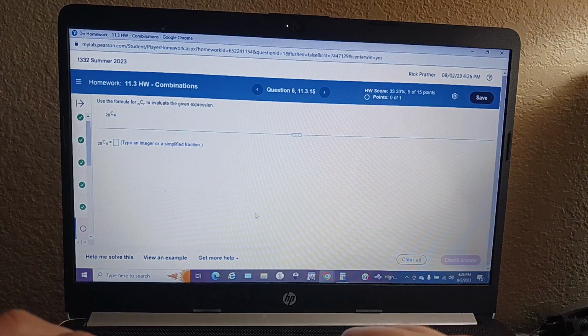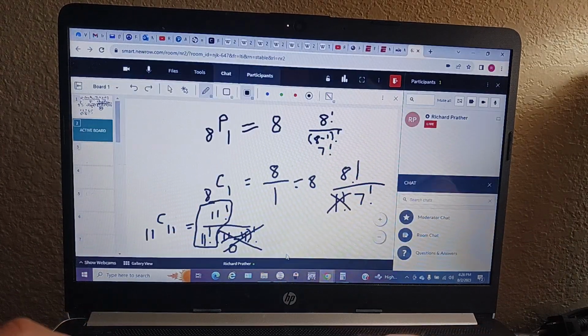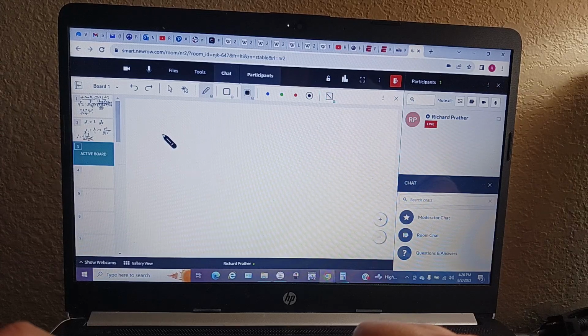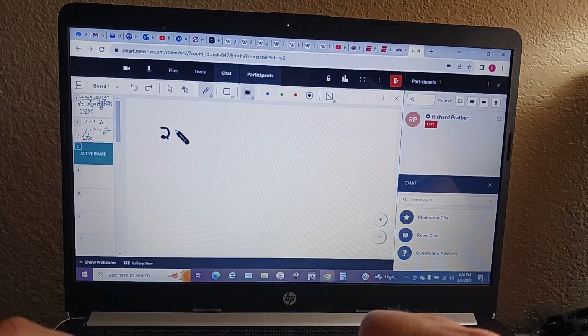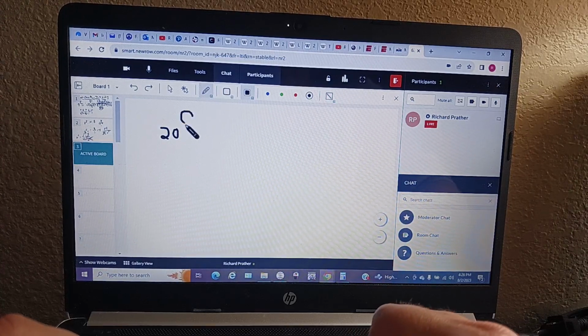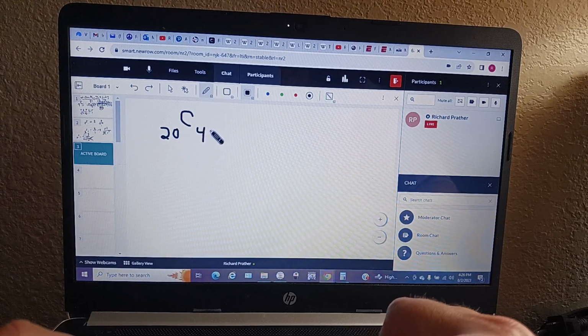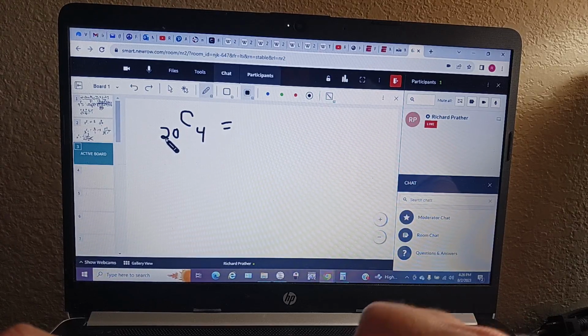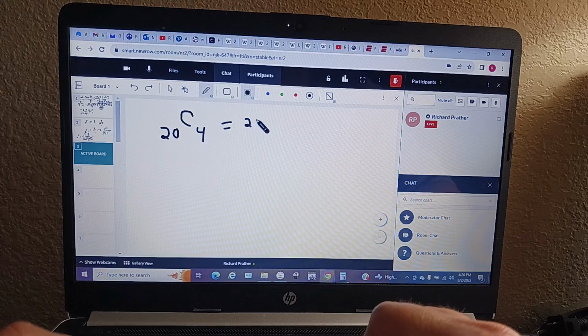Okay, 20 combination 4. They just want me to calculate this. You've got two choices. Here's the method I like better. 20 combination 4. The shortcut method is you start at 20. You decrease by 1 until you have this many numbers, until I have 4 numbers.